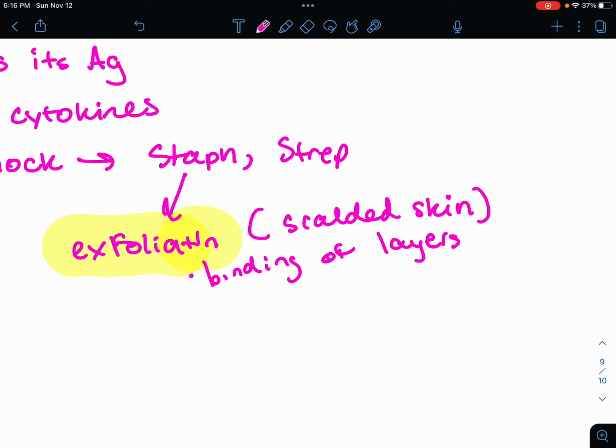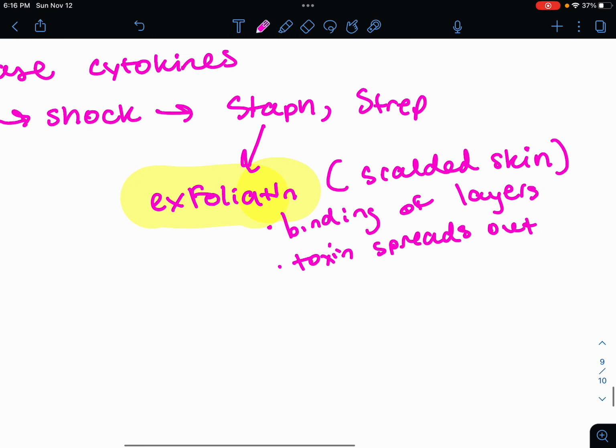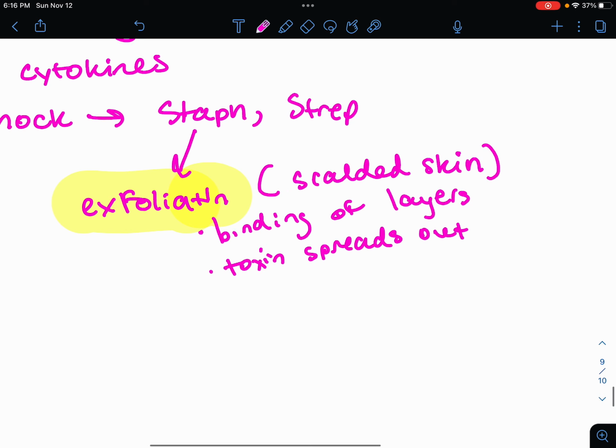The bacteria is growing in one small area, but the toxin spreads out. Then there are also some hydrolytic enzymes that could help spread the bacteria.